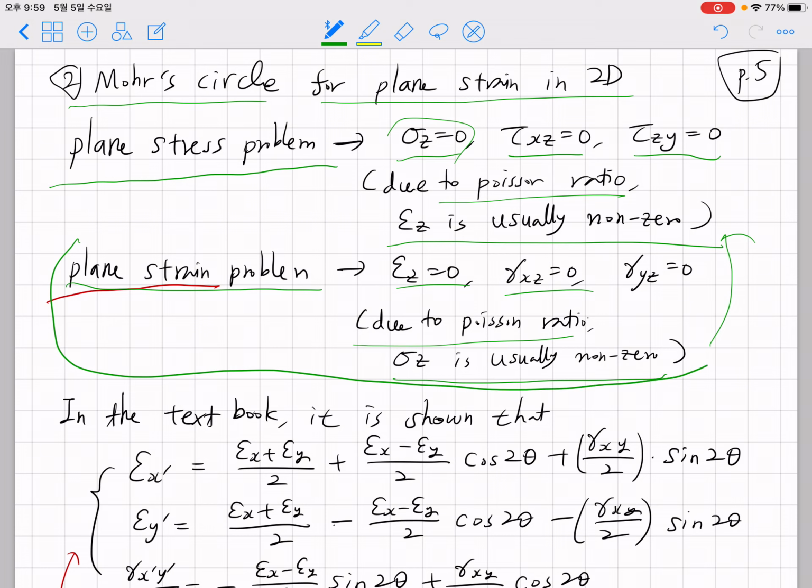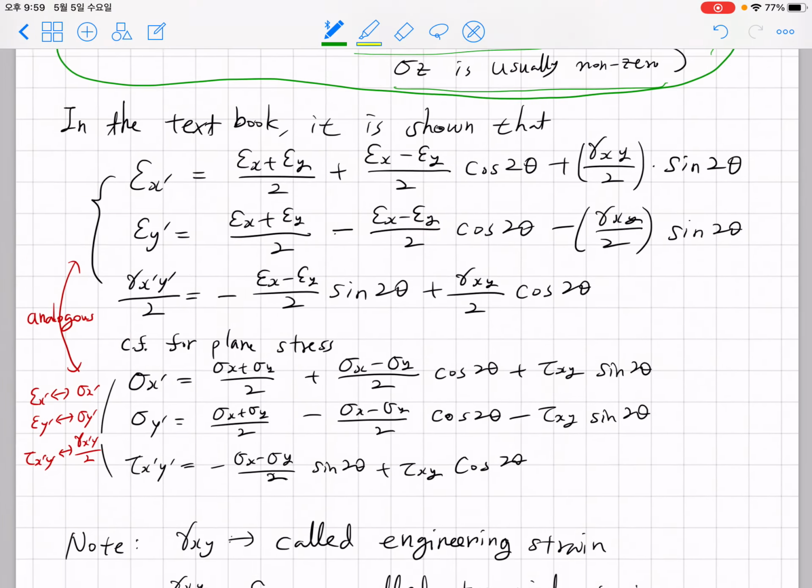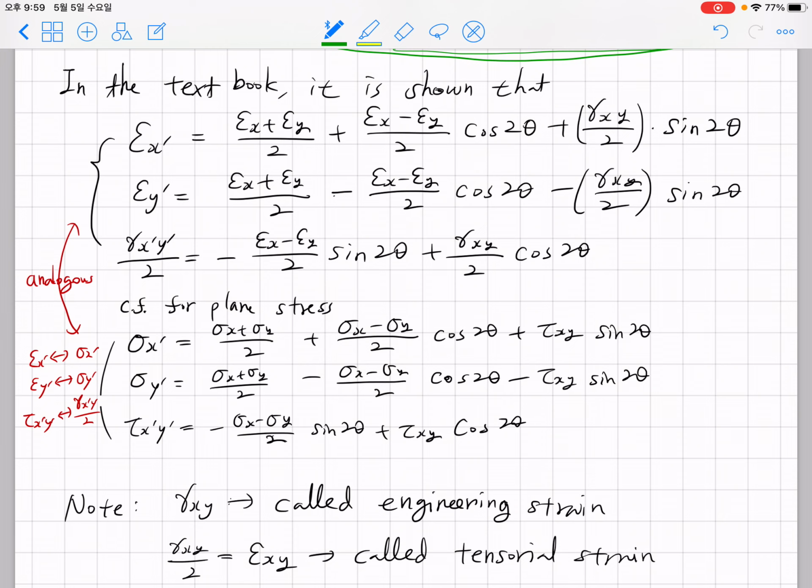And today we'll focus on this special case: epsilon z equals 0, gamma xz equals 0, and gamma yz equals 0. Of course, I could go through the same geometric consideration I did for the general stress state in 3D. However, I will just refer all those discussions to the textbook.